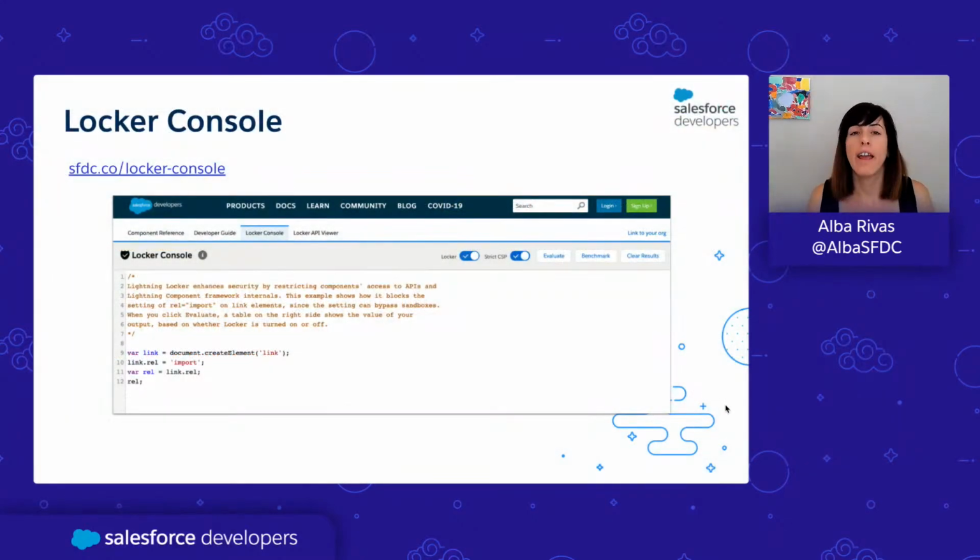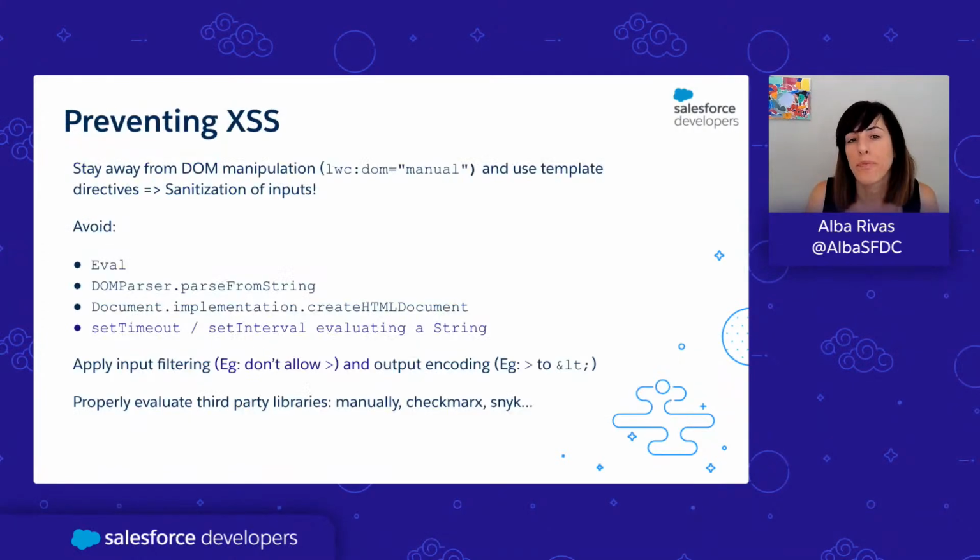By the way, in the newest API versions, locker cannot be disabled, okay? It was possible in the previous API versions like a couple of years ago, but that's not possible anymore.